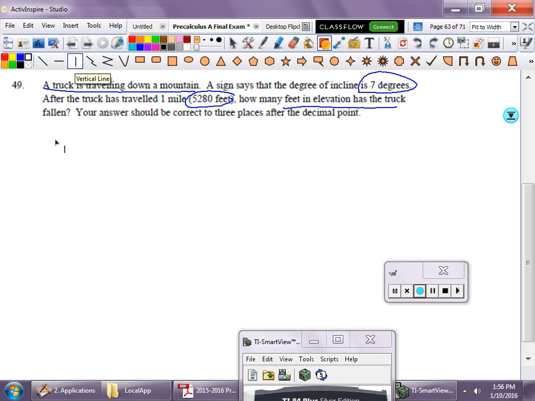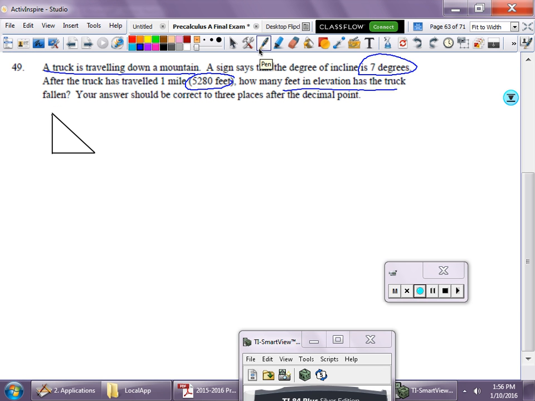It says the angle of incline is 7 degrees, so we put 7 inside.